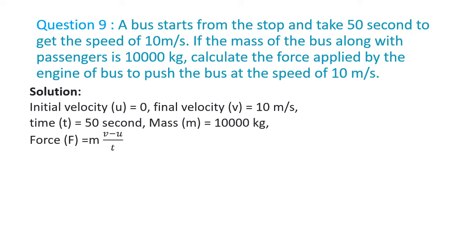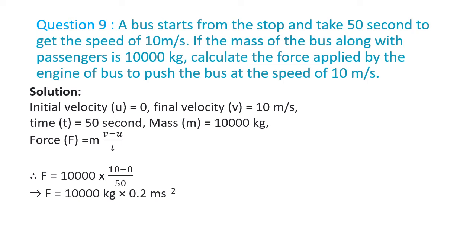Now here we have force is equal to mass into acceleration, or mass into final velocity minus initial velocity upon time taken. So if you know the formula, all you have to do is put down the values. Mass is 10,000 kg, final velocity is 10, initial velocity is 0 and time taken is 50 seconds. So all the units are consistent here, so there is no conversion we have to do.